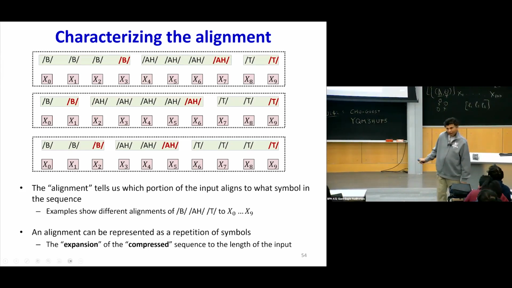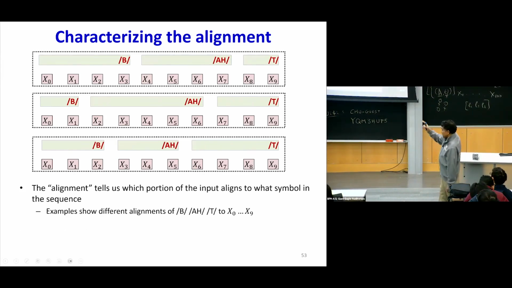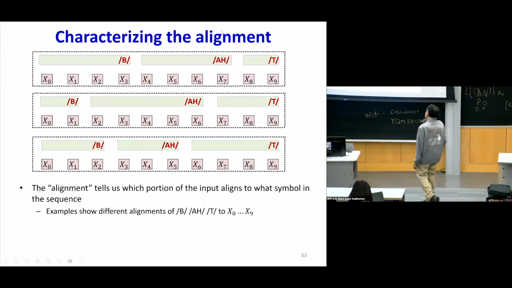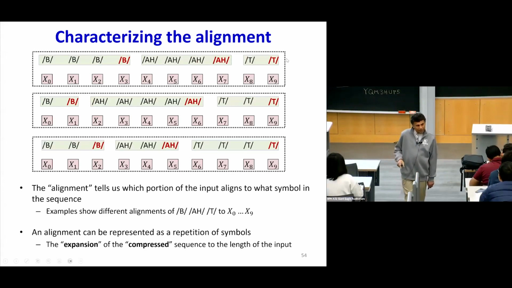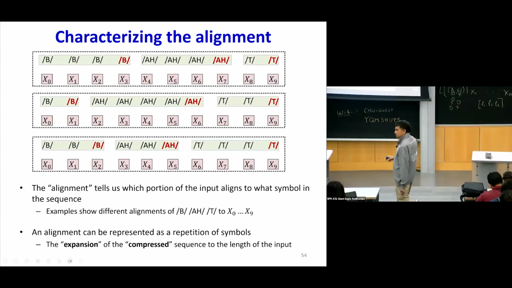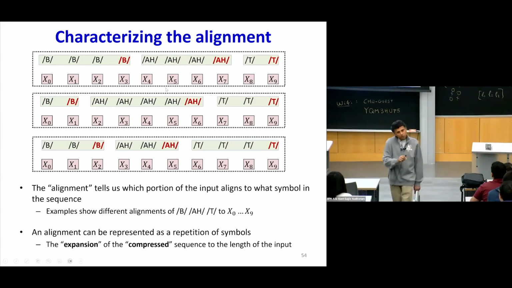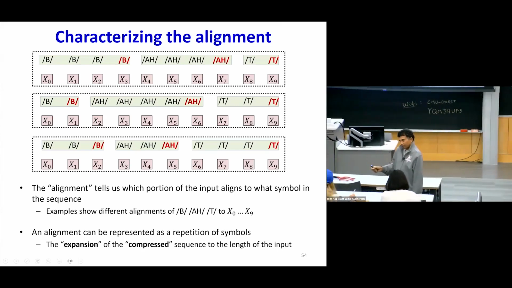If you consider that first alignment, and I say that the phoneme b occurs until time 3, and then from there until time 7, and then t occurs from there until time 9, it's the same as saying b stretches through till time 3, stretches through from 4 to 7, and t stretches through from 8 to 9. So an alignment can be thought of as representing the repetitions of symbols till they terminate.